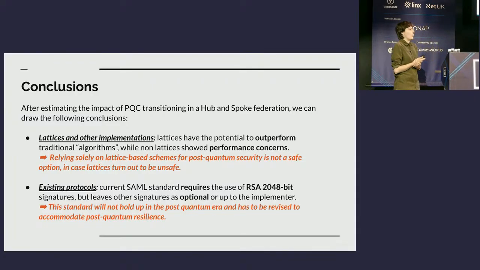Also, existing protocols, for example current SAML standards, require the use of RSA 2048-bit signatures, but leave other signatures as optional or up to the implementer. So this standard will not hold up in the post-quantum era and will have to be revised to accommodate post-quantum resilience.